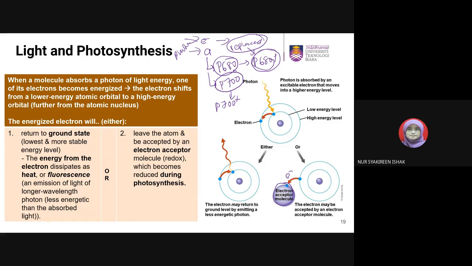Photolysis of water will produce electrons and the electrons will replace the missing electrons of these two chlorophyll. Basically P680 lah kan, P680 yang akan receive electron daripada photolysis of water, and then the electron akan dipaskan sampai dia receive by P700 plus. Okay, itu yang akan berlaku masa the transfer of electrons, masa light reaction.